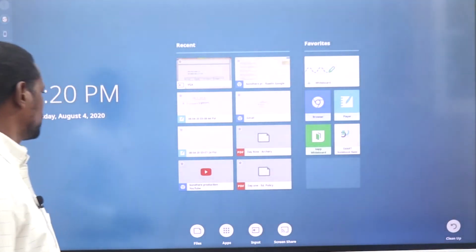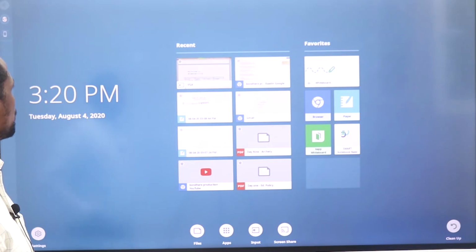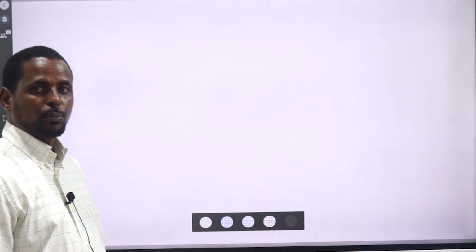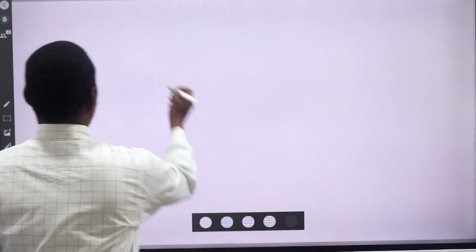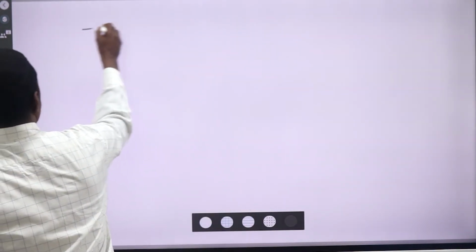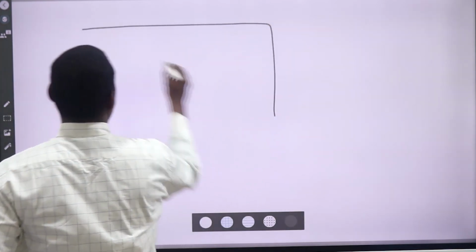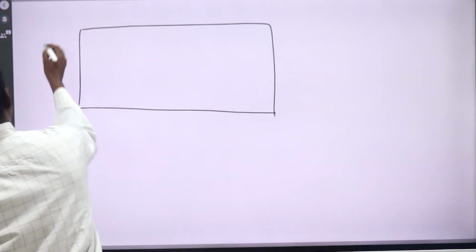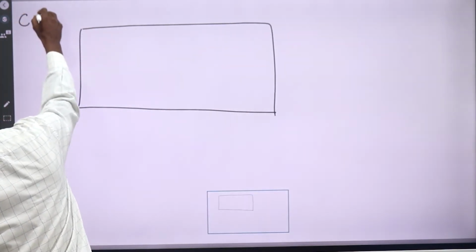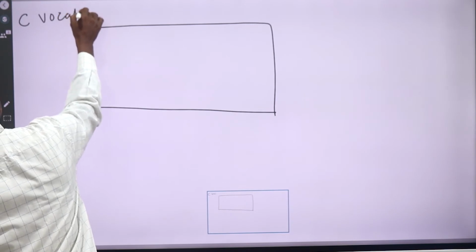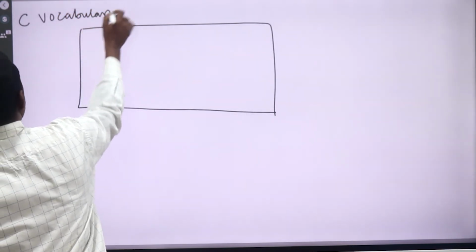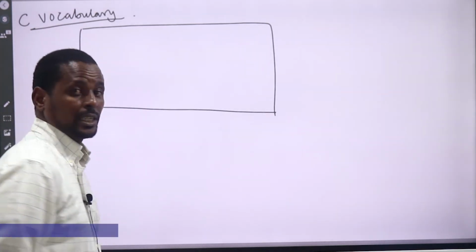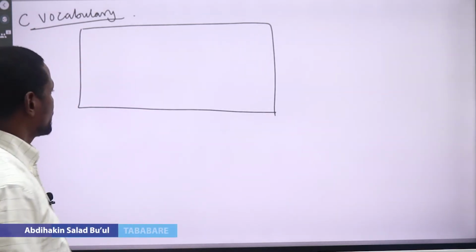Now, I just want to show you what I was saying about using words appropriately. In the textbook, you might find a box like this after every vocabulary section. It will contain certain words.